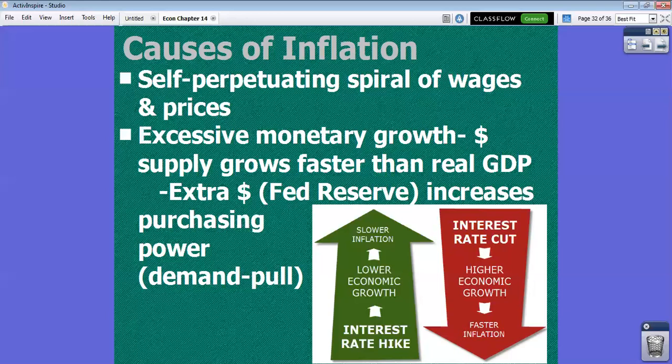It's usually on the demand side of things. As interest rates are low, that makes the consumer willing to take out a loan to buy a durable good, like a car, a refrigerator, a house. And with that extra money added into our economy, again, we're taking money scarcity away, and its value goes down, pushing prices up.